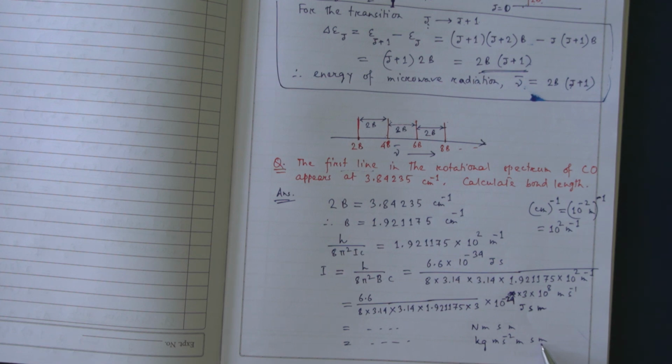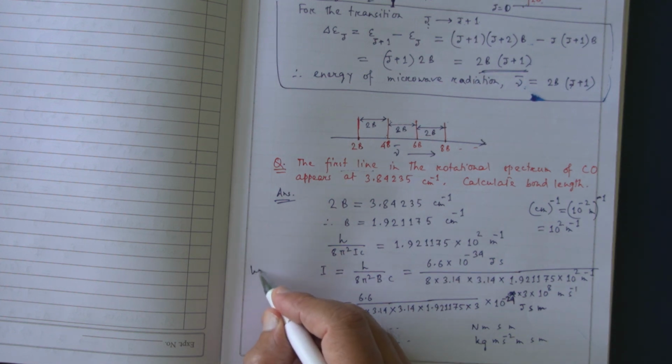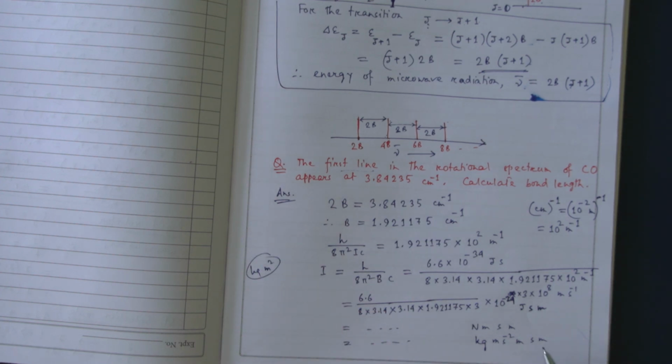I equals mu r square, in kg meter square. The unit should be kg meter square.